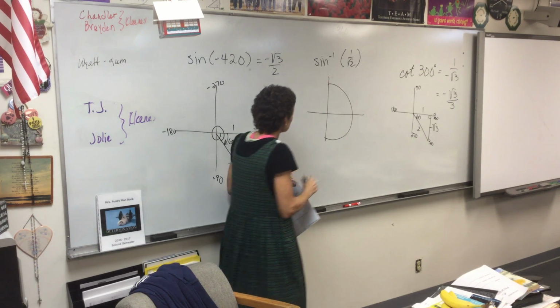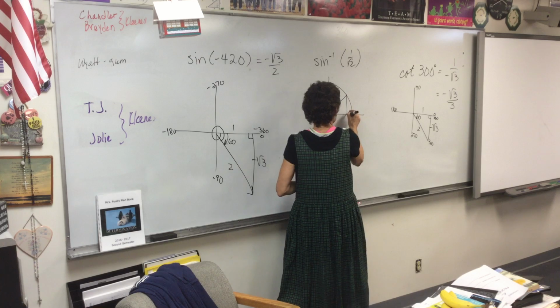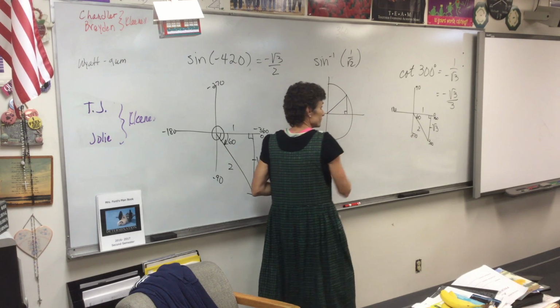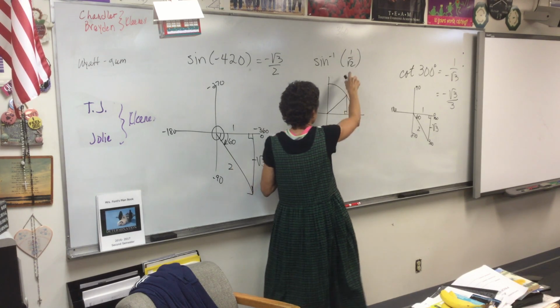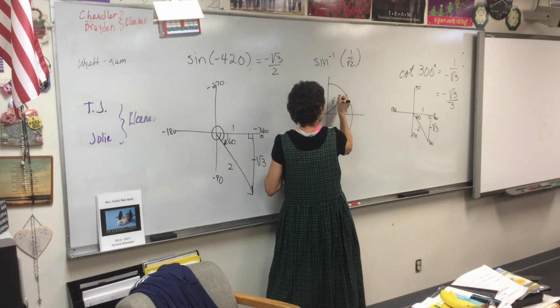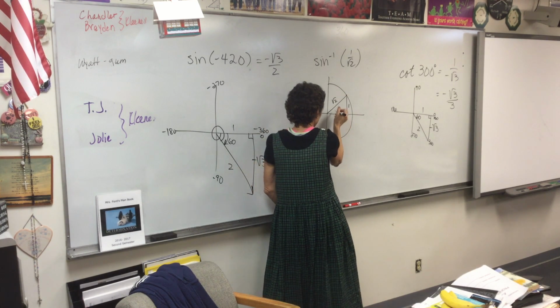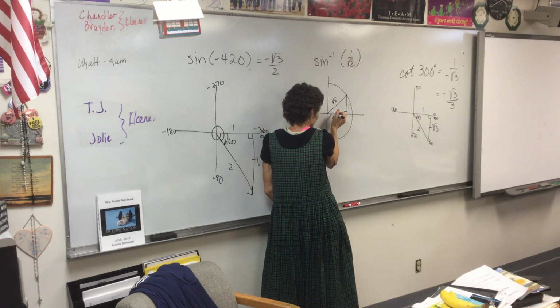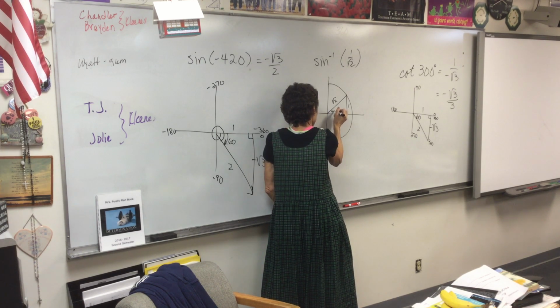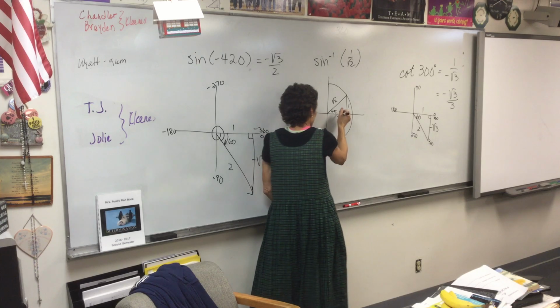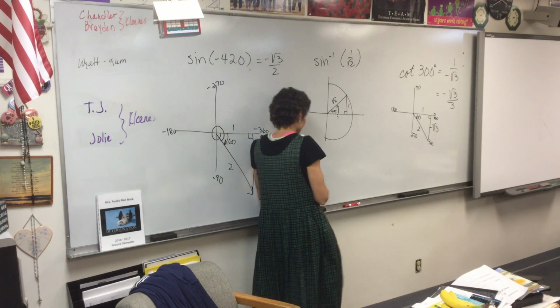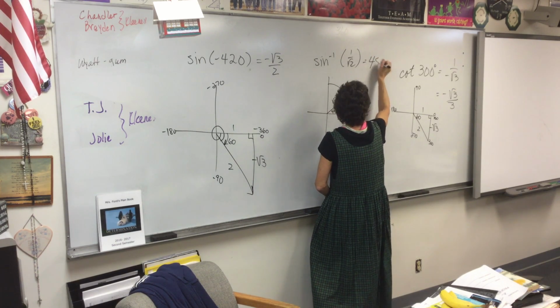And it's a positive number, so I'll draw it in quadrant 1. And the sine is opposite over hypotenuse. So how big is that angle? 45. What's the answer to the question? 45.